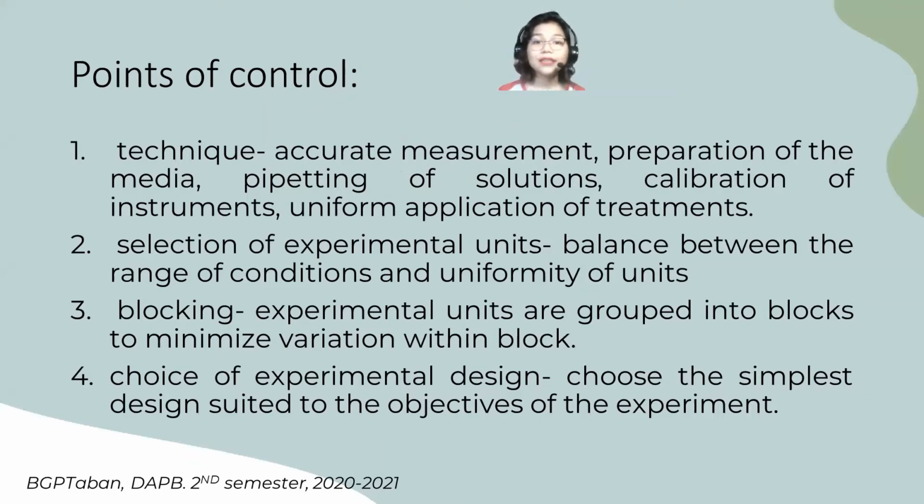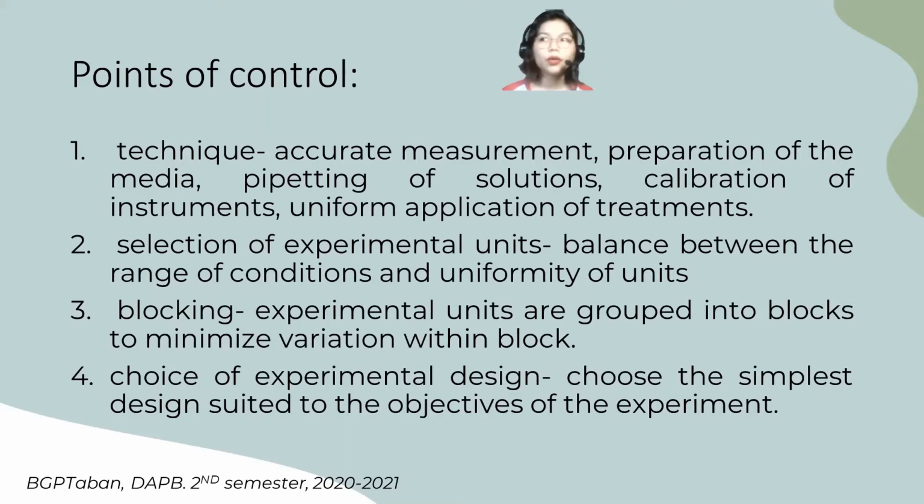Preparation of the media, for example, if you use soil, then make sure that the source of soil is the same for all the pots, if it is a pot experiment, or making sure that the soil is free of any diseases that might affect your experimental unit, or pipetting of solutions if you are involved in a study which entails the use of some chemicals or reagents.